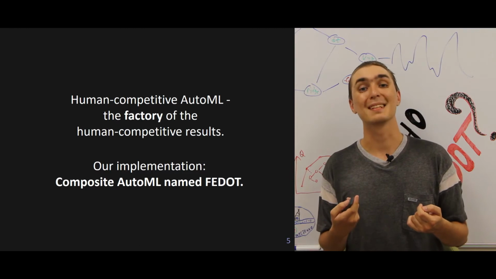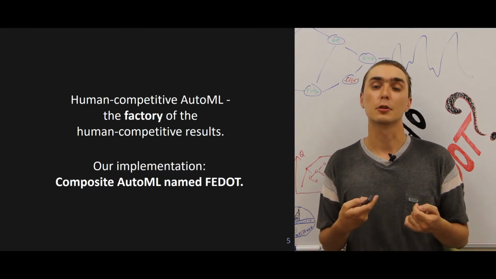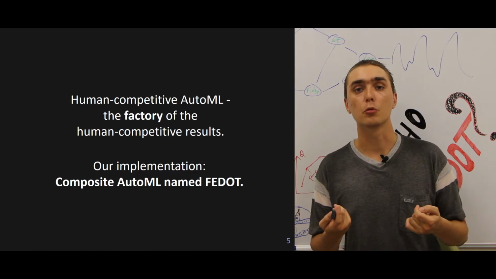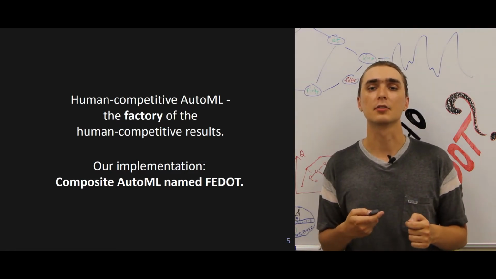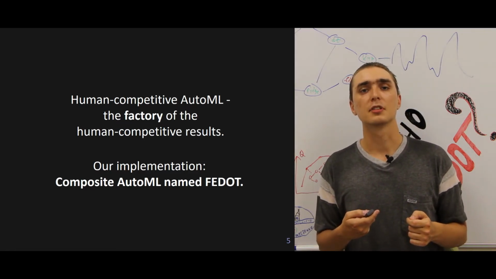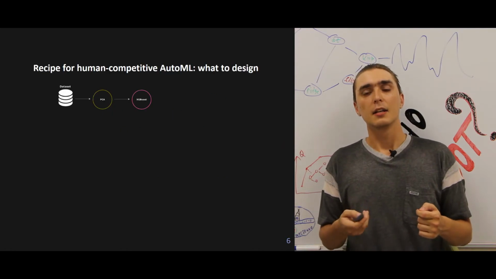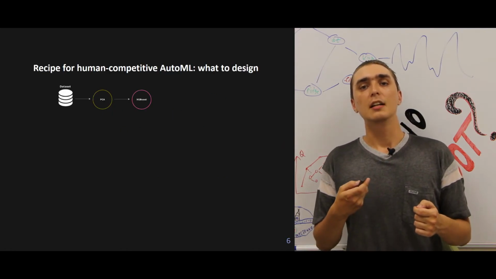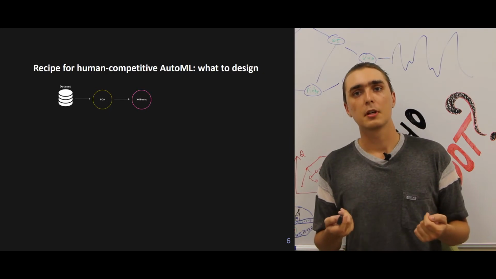If we implement a human competitive AutoML, we will have a factory of human competitive solutions in different fields. So our solution is named FEDOT, and it allows producing linear pipelines to avoid overcomplication.